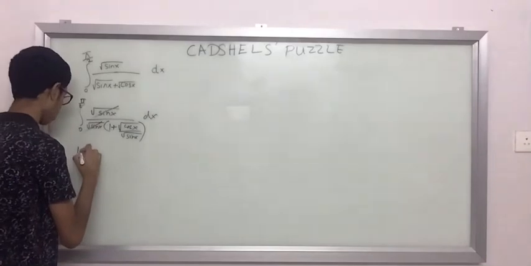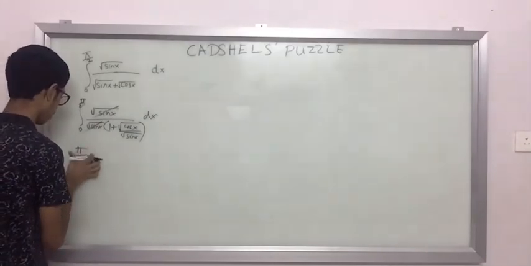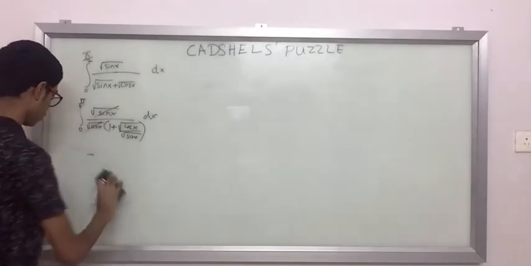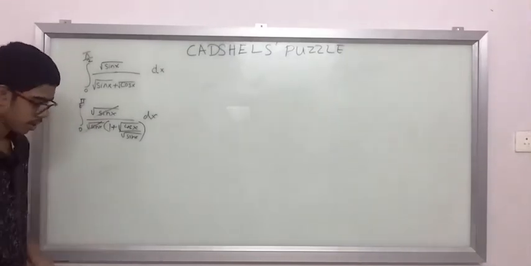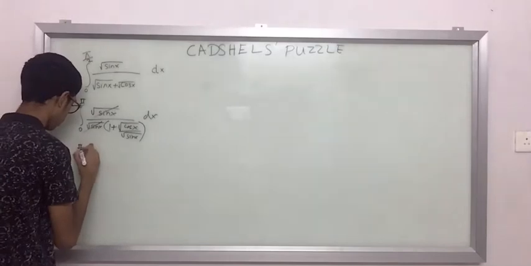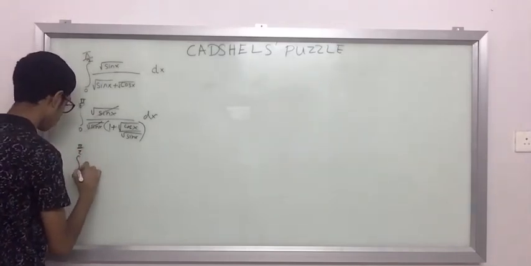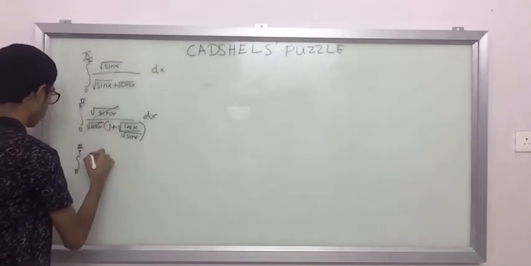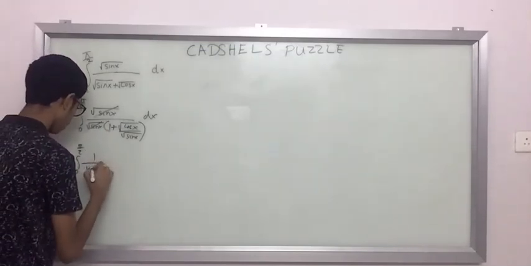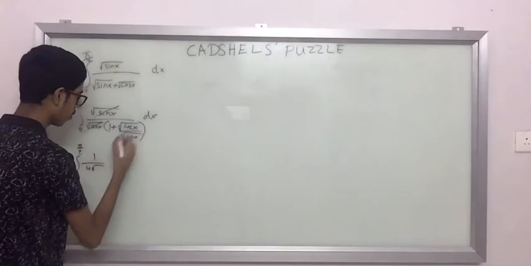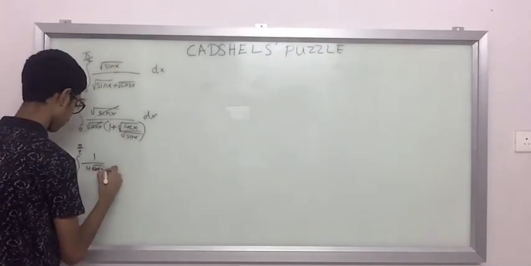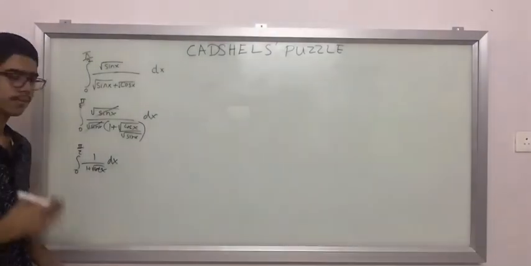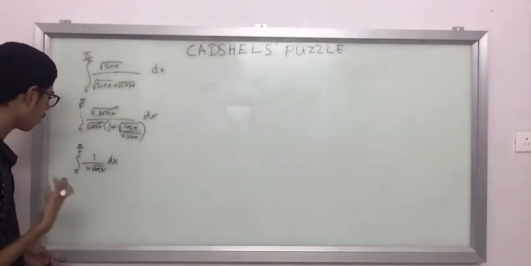Now what I got? Integral from 0 to pi by 2 of 1 by 1 plus square root of cot x dx. Okay, now what can we do?